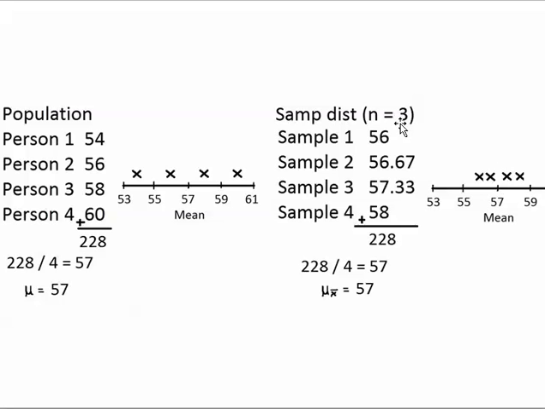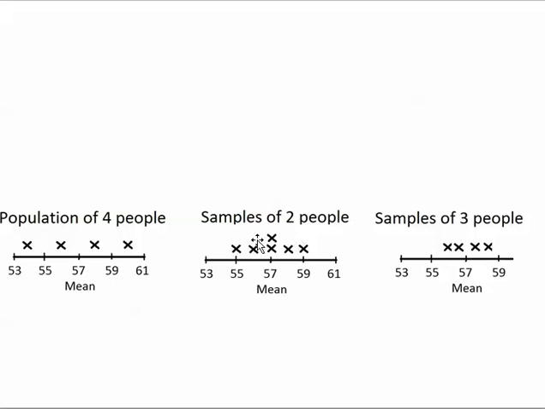But since we're dealing with a sample size of 3 now, since each of these sample means is now a mean of 3 people instead of just 2, the sample means are now closer together. They're more packed in toward the population mean of 57. So the population had the most spread.